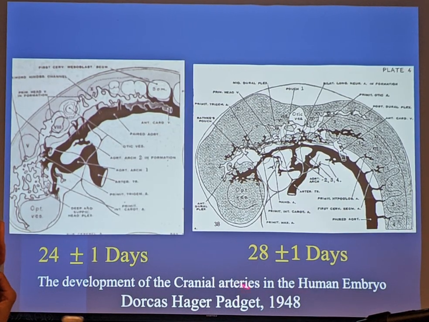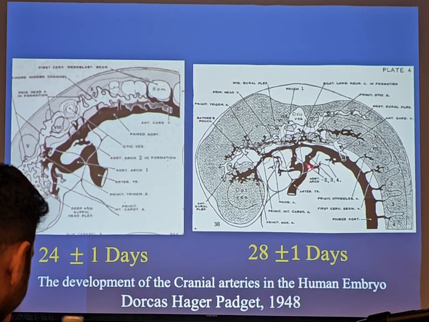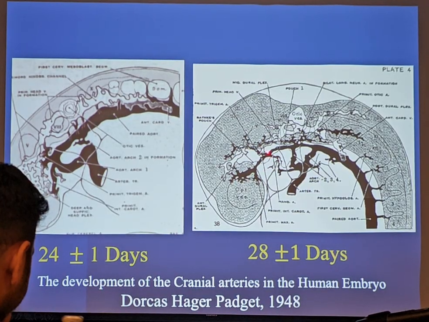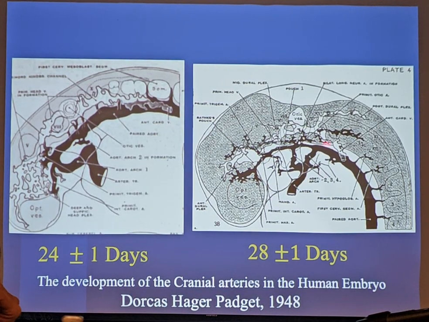About 24 days, a few days later, there is the arterial trunk and then the ventral aorta. The initial connection is the first aortic arch. Further connections occur between the ventral aorta and the growing dorsal aorta. The second and third aortic arches are connecting.